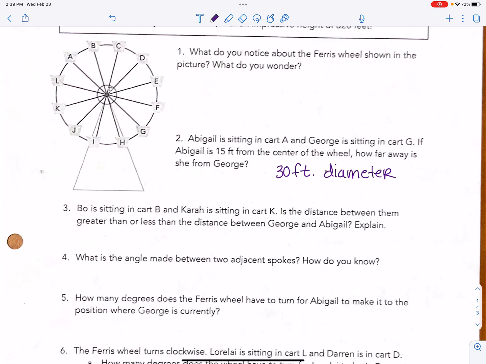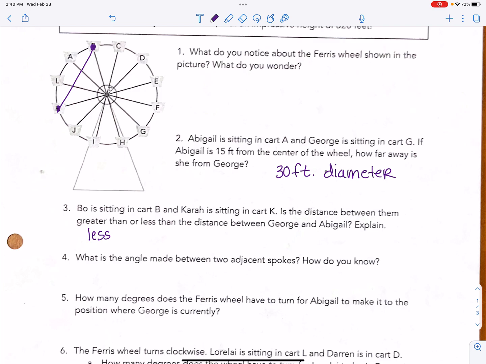Bo is sitting in cart B and Kara is sitting in cart K. Is the distance between them greater than or less than the distance between George and Abigail? So we have B here and we have K here. And if we drew a straight line distance from them, is that longer or shorter than from Abigail to George? And my hope is that you said less than. We're going to talk in just a minute about that line segment that I just drew, which is called a chord.